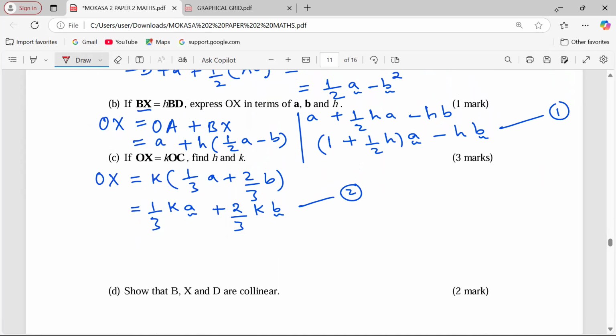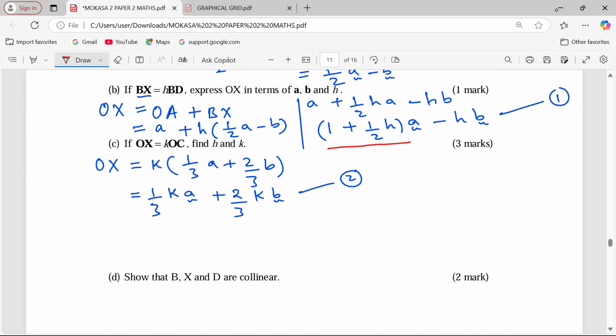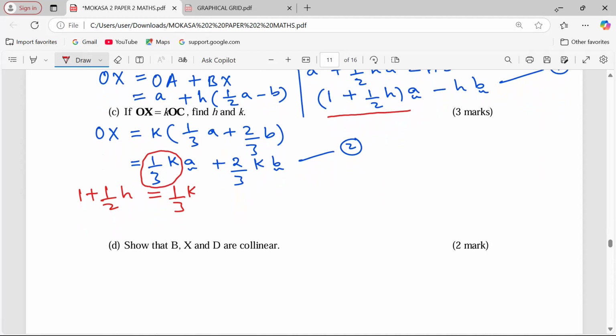In this manner, the coefficients of vector A are 1 plus half H in expression 1. We take 1 plus half H. This should be equated to the coefficients of vector A in the second expression, and in the second expression, the coefficient of A is a third K. This is one equation.